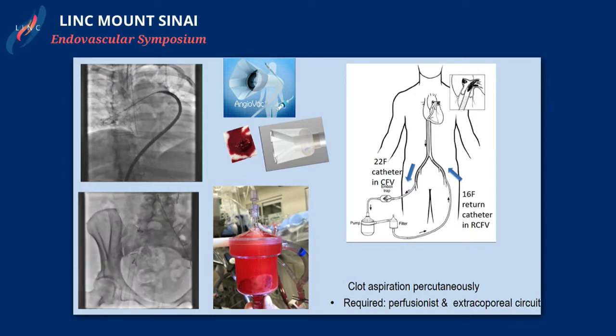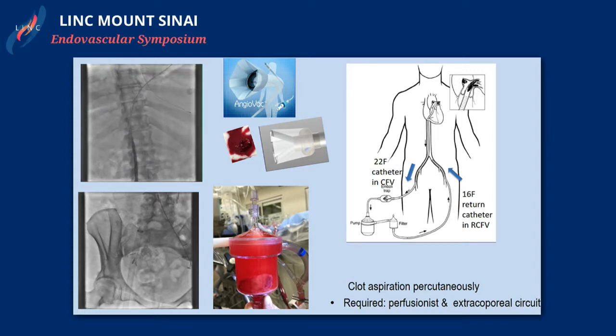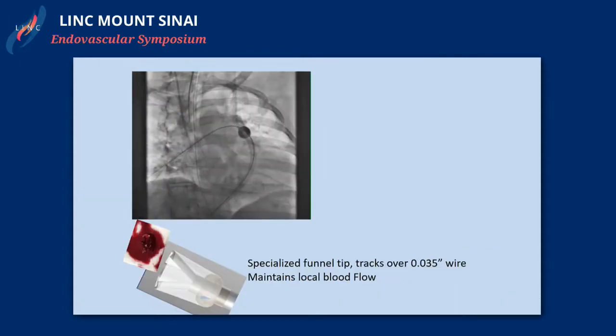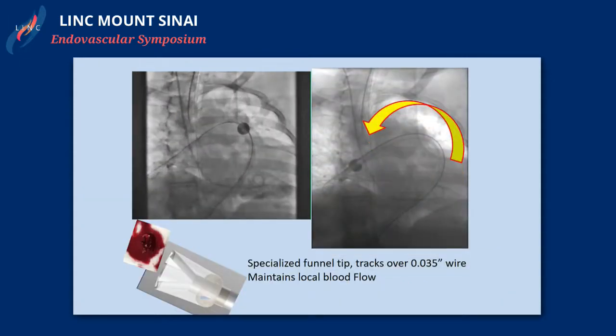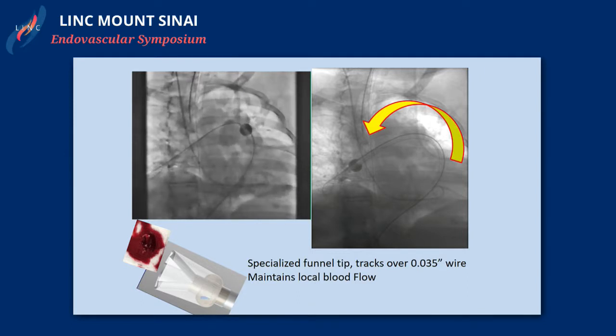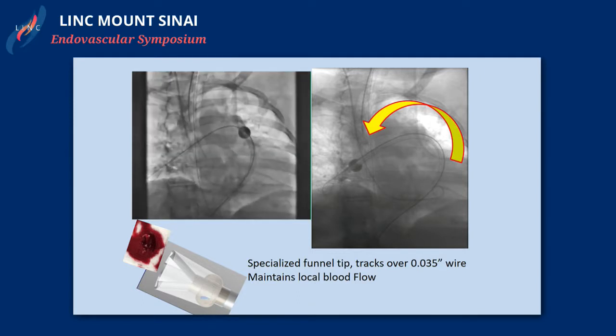But this is a pretty extensive device, meaning that you need a perfusionist. There's a lot involved, and the setup time takes quite some time. Coming around the corner from the main trunk is always a challenge because the device is very bulky. This is just a picture of it and some of the clot that we took out in one of the cases.